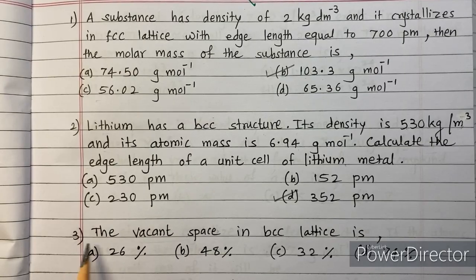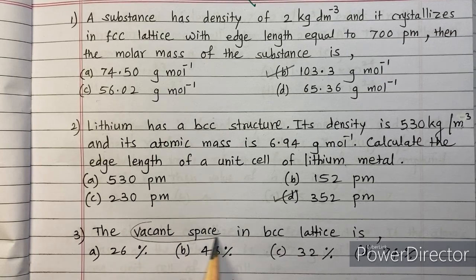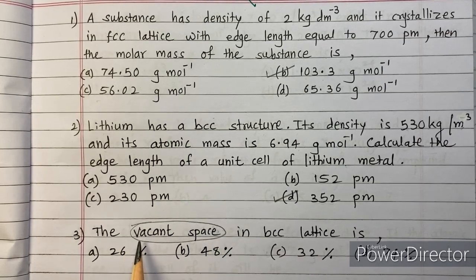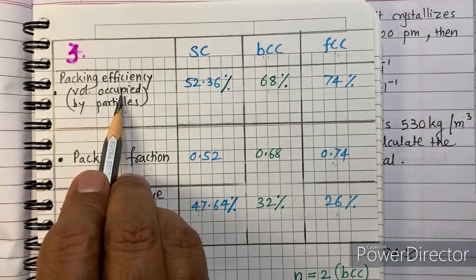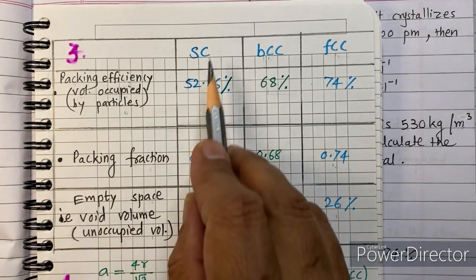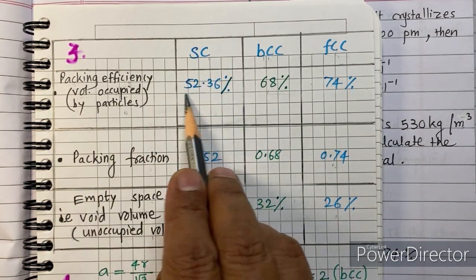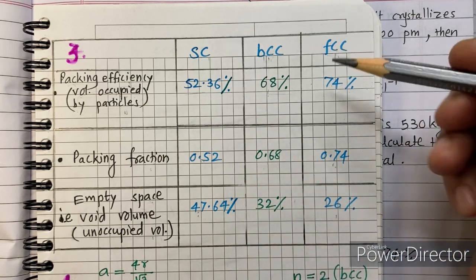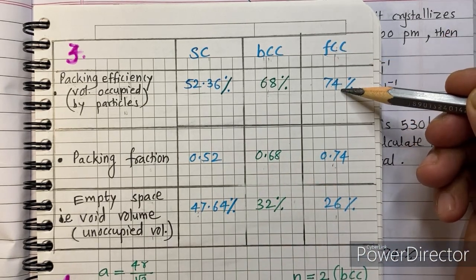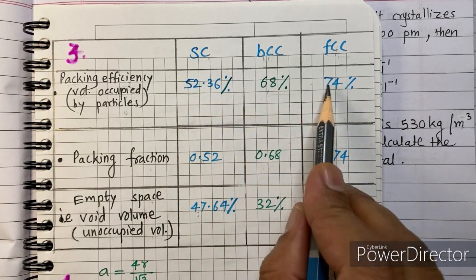Third MCQ, the vacant space in BCC lattice is vacant space, that is a empty space, that is a unoccupied volume. Now remember this table, packing efficiency, that is volume occupied by particle. For simple cubic it is 52%, approximately for BCC 68%, and for FCC 74%. 5, 6, 7.